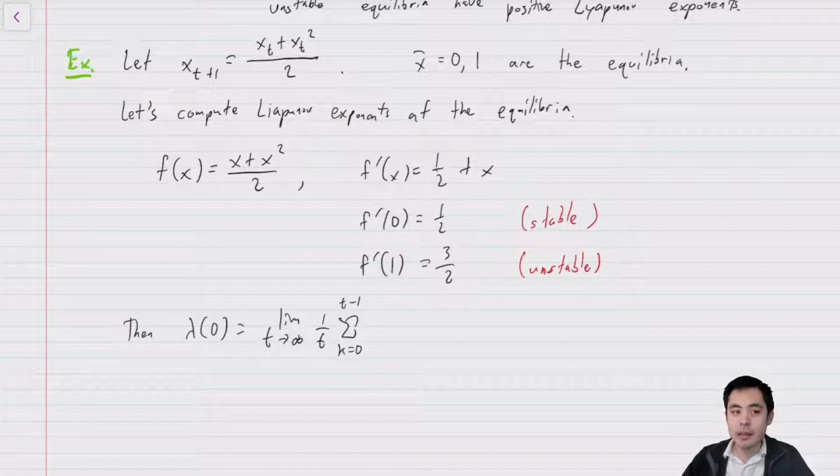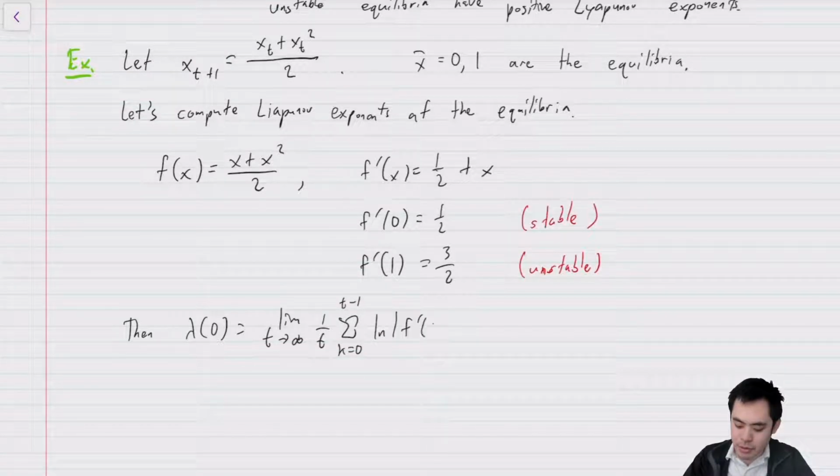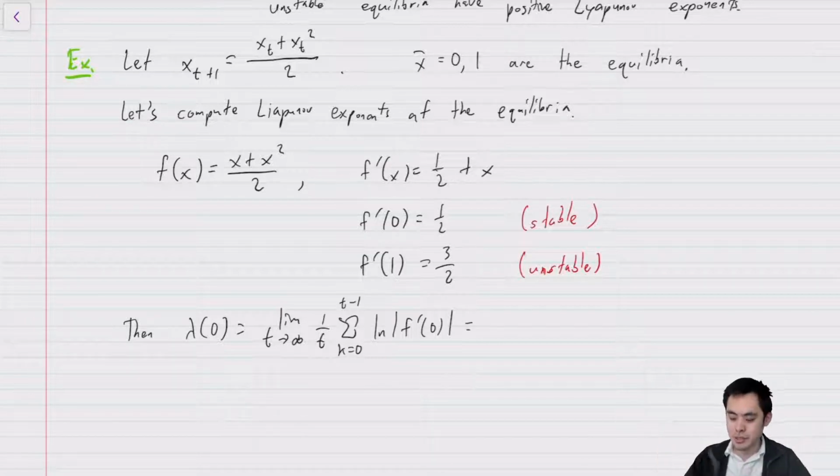But we know that these are equilibria, so x_k is just always equal to 0. So this is just the sum of the natural logarithm of f prime of 0. And so you have t copies of this, and so the t's all cancel out, and the summations all cancel out. So this is just equal to the natural log of 1/2, which is equal to minus the natural log of 2, which is less than 0.